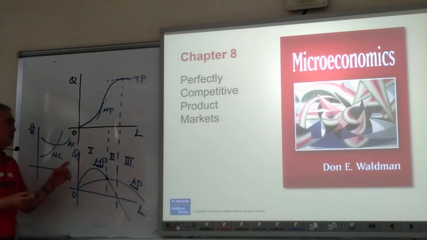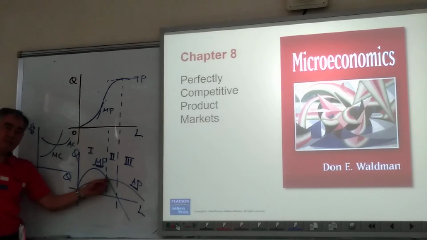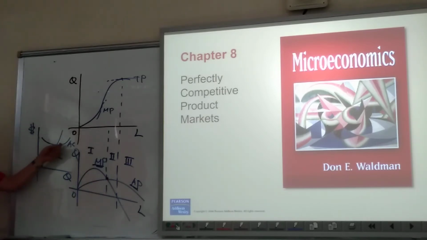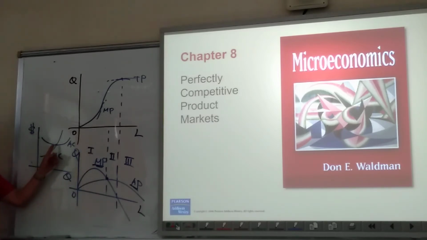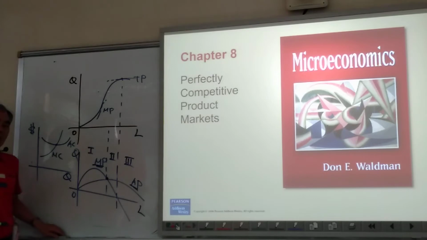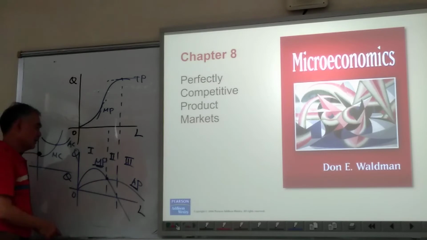So if MP and AP intersect at the maximum of AP, here MC and AC intersect at the minimum of AC. Okay, so here is the maximum of AP and here is the minimum of AC. Okay, questions? And now we are trying to figure out what the total cost curve would look like.